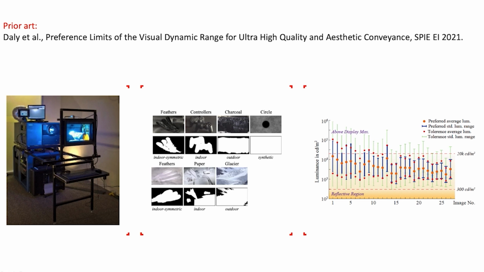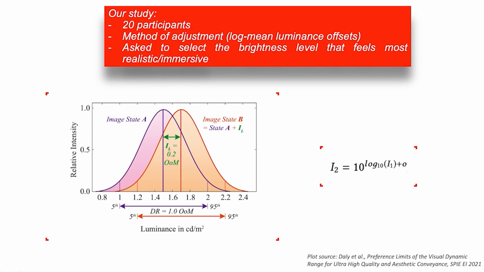So it opens up this question of whether these results will be valid for virtual reality, where you have a high field of view, you have tracking of the user, and the experience is pretty different from the traditional cinema experience. So this opens up for us this question of how does that cinematic preference that was set by Dolby compare to the realistic presentation that we're interested in virtual reality? So with that, we follow with our own study, which was consisting of 20 participants who are all naive participants.